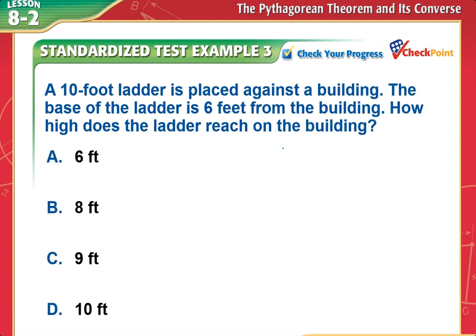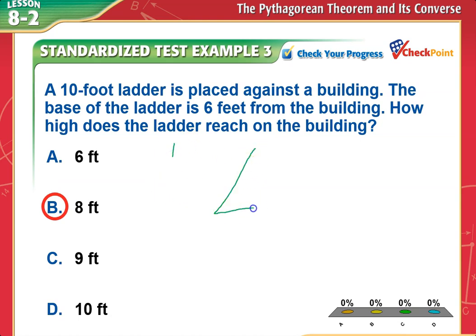Okay. Standardized test example. Check your progress. Go ahead and pause the video and see if you can answer it. Okay, the answer: a 10-foot ladder is placed against a building. Base of ladder is 6. Right, so here's my ladder, here is 6 feet, and here is the wall, the building. So we're looking for this distance here.